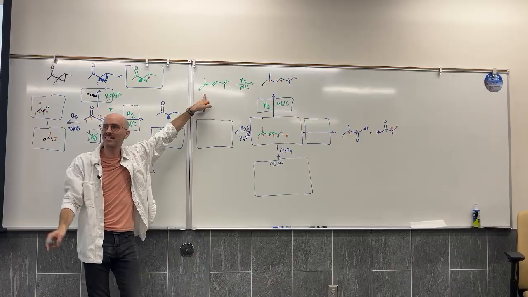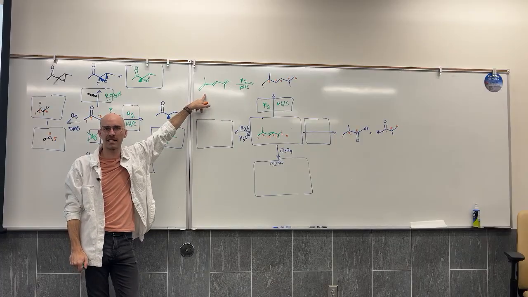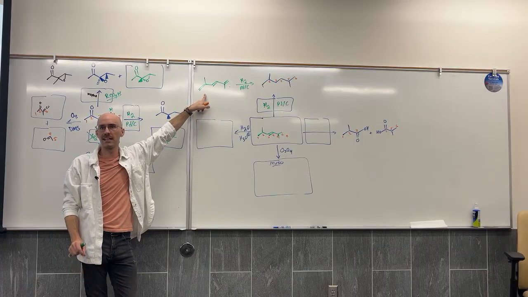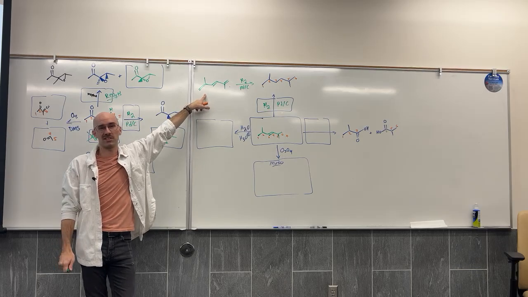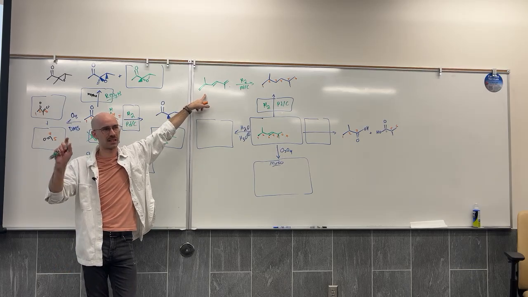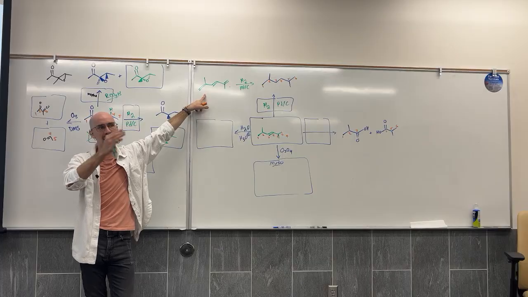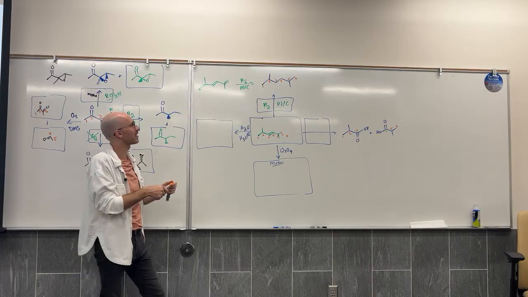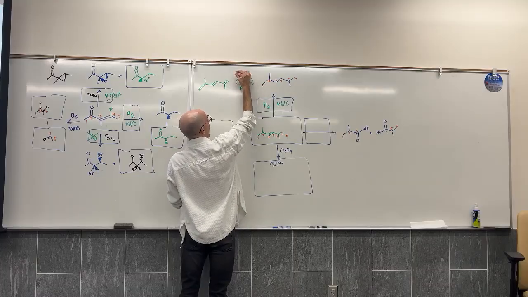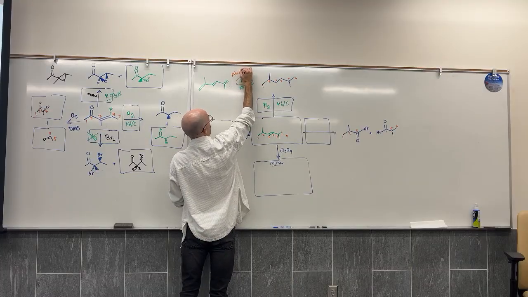This was something I meant to say yesterday, and I didn't write it down on the board to get it into your notes. Hydrogenation does not use coefficients. We don't care that much about stoichiometry. Hydrogenation always assumes excess H2.